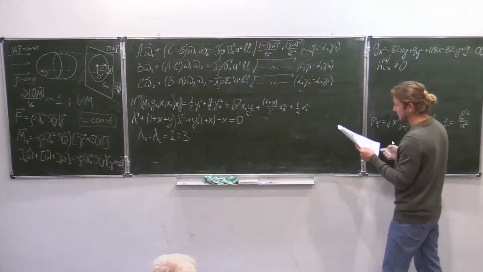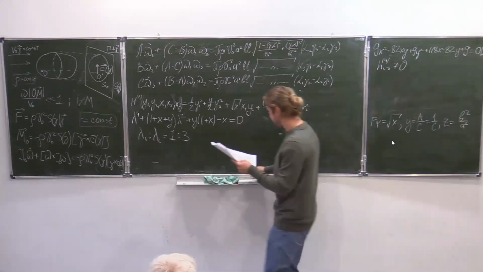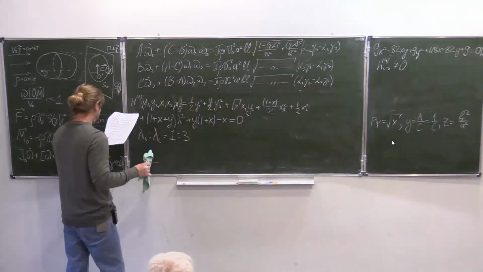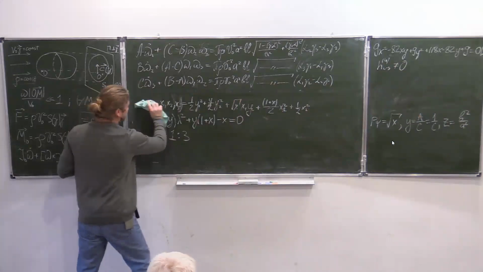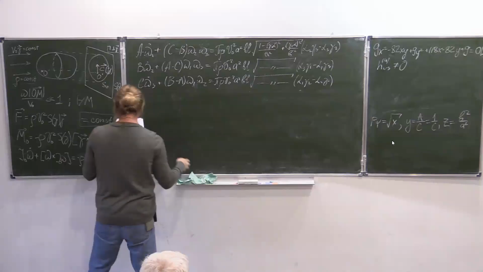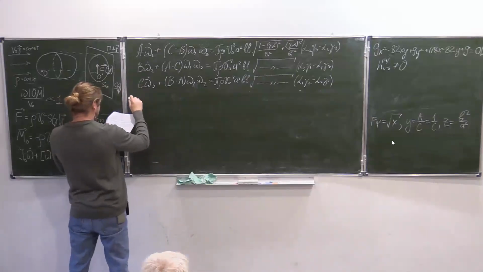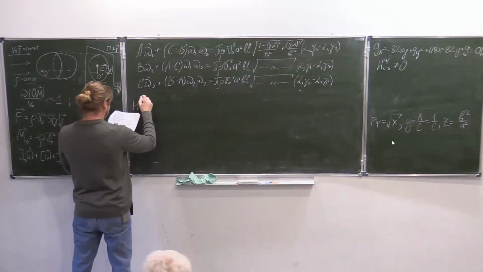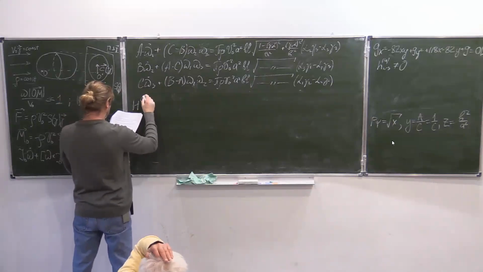In these variables, the fourth form of the Hamilton function will be written as a finite trigonometric polynomial.